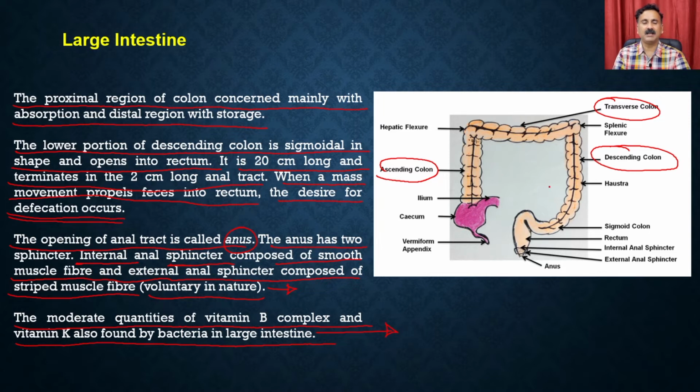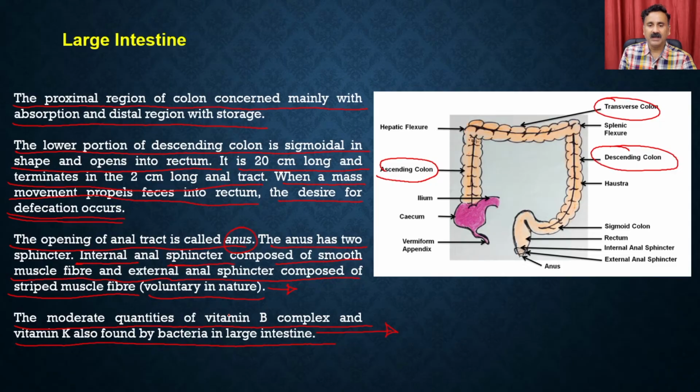So, the large intestine is also providing a suitable environment where these commensal or symbiont bacteria propagate. They take up all the undigested material and use that for their own nutrition, and in return they form vitamin B complex as well as vitamin K, and all of these are absorbed.